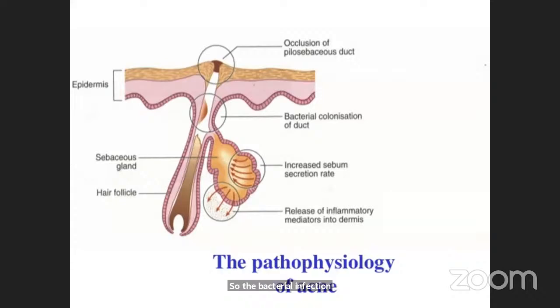Once the bacterial infection sets in, it brings with it inflammation. Interleukins are released and neutrophils are attracted, and a full inflammatory cascade follows. So these are the 4 pathophysiological factors which cause acne.